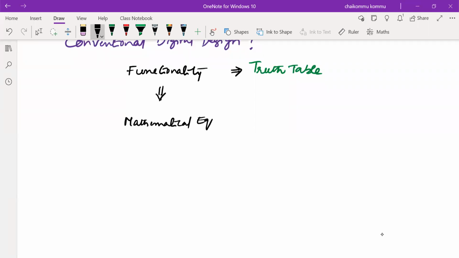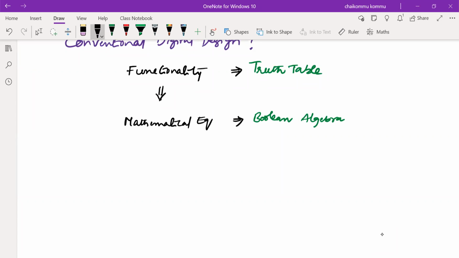This is done with the help of Boolean equations, Boolean algebra, or any other method we can use. Generally, we consider Boolean algebra only for digital circuits.